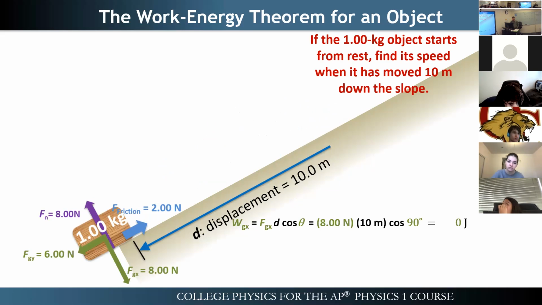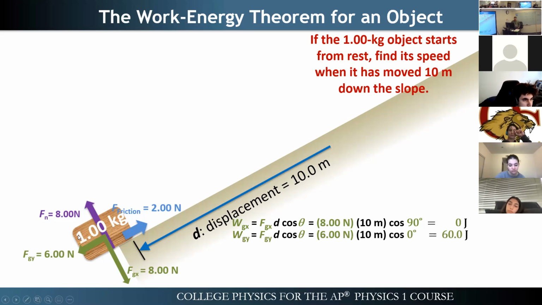All right. So if it's a displacement of 10 meters, and we know the different forces involved, if we break it down bit by bit based on forces, this x component, this 8 newtons straight down into the ramp, would be F d cosine theta, where cosine of 90 tells us that is doing 0 work. Do you need to write this step out? Not really, but they're just proving to you that those perpendicular forces don't do work.